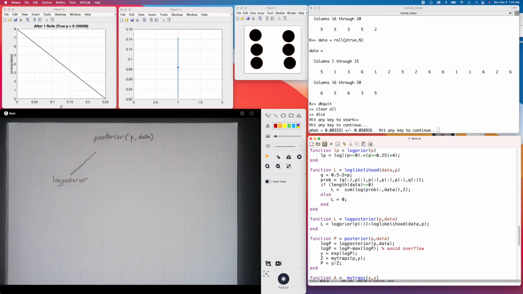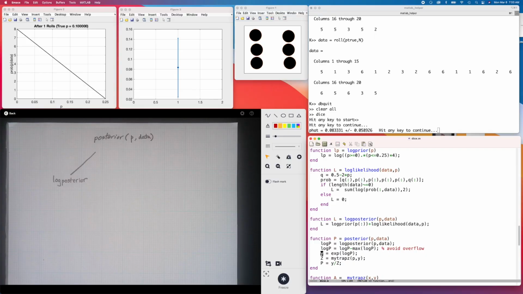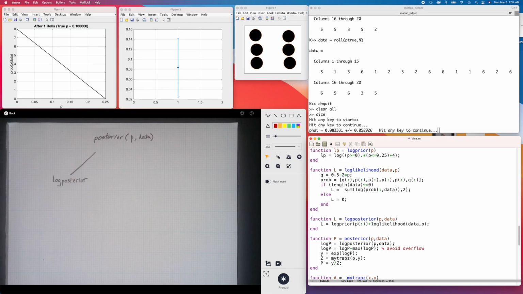The maximum is 0, and the exponential of 0 is 1. So the y value here has its maximum at a reasonable number, 1, and the other values nearby will fall off and eventually go to 0 out in the tails where the values of p are not very probable. So this log posterior is not normalized yet.